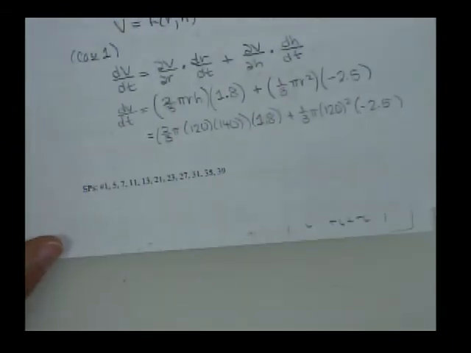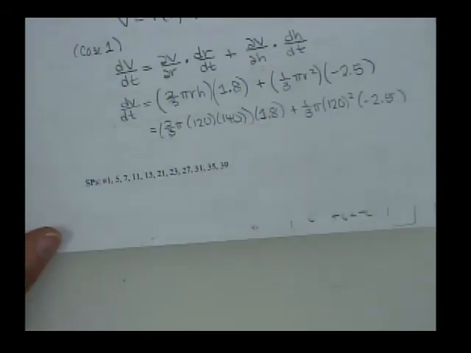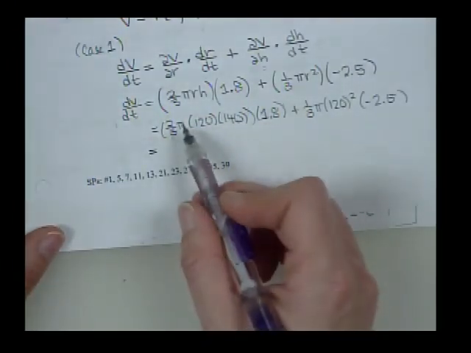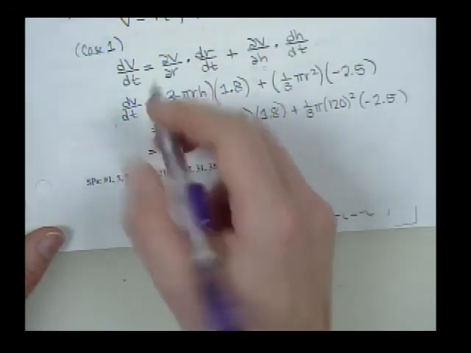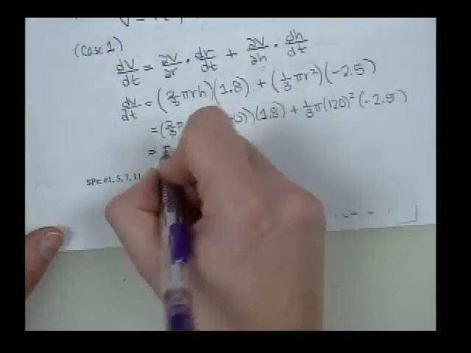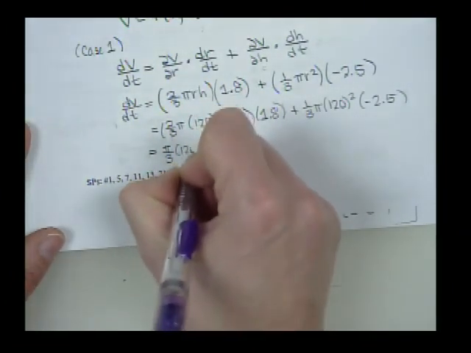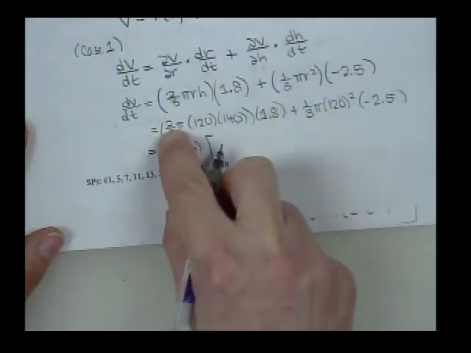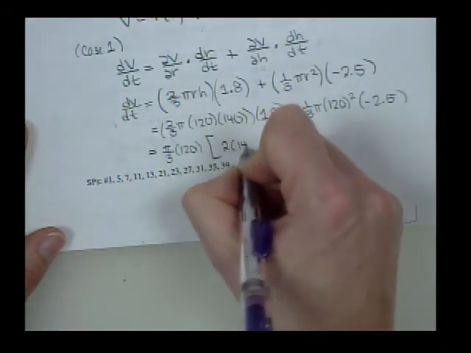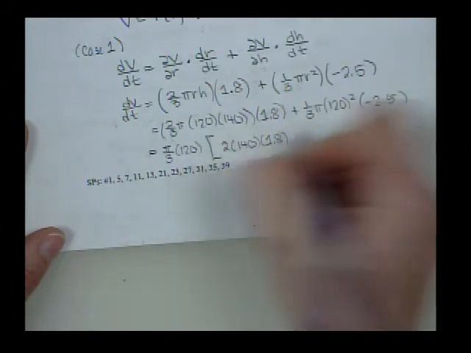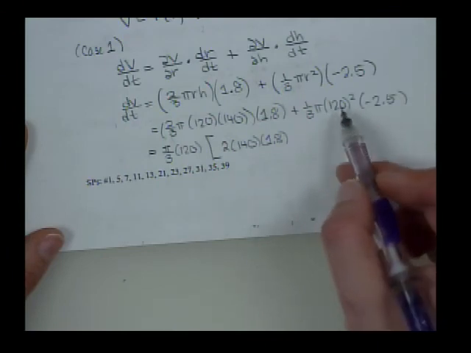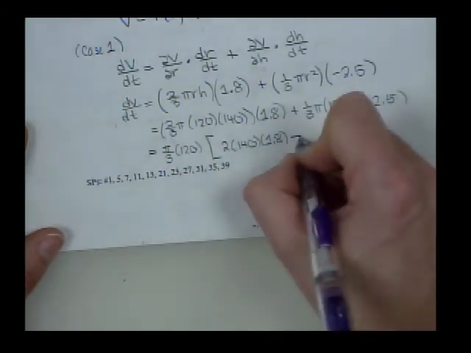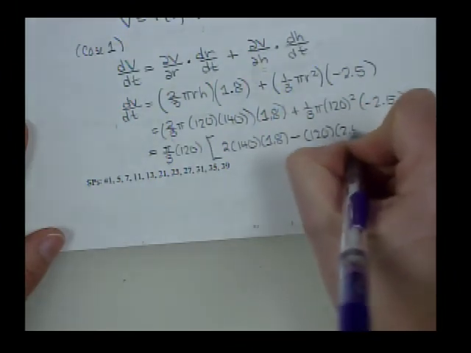So just, so I don't have to worry about using so many parentheses in my calculator, I'm going to factor out a pi over 3 and a 120. Pi over 3, 120. And then what would be left would be a 2 times a 140 times a 1.8. One of the 120s is gone. I'm left with still a 120 and negative 2.5. So minus 120 times 2.5.